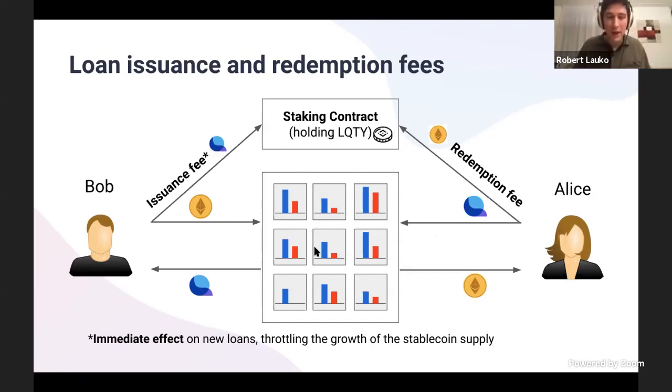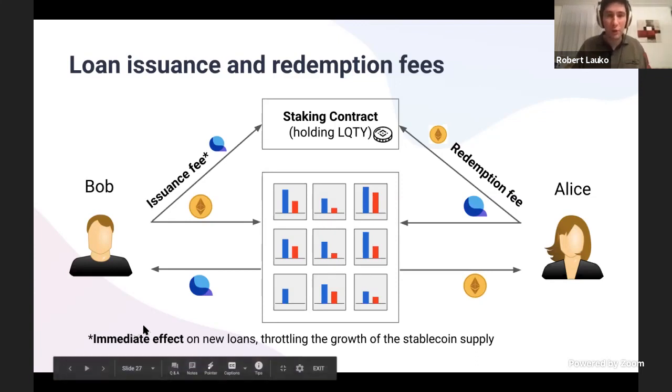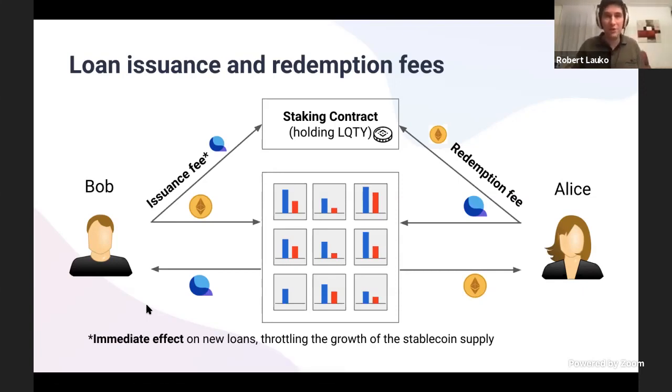And you see that an issuance fee has a very strong immediate effect on the attractiveness of new loans, because if you have to pay, let's say, 5% on the loan amount as a fee, you would rather consider whether you want to take out the loan now or wait a few days or weeks until the fee would go down to zero.